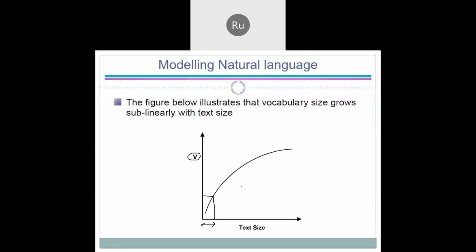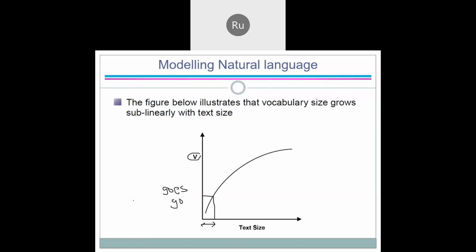What they want to show here is that the vocabulary size grows sublinearly with the text size. For example, if you say go and then goes and so on.